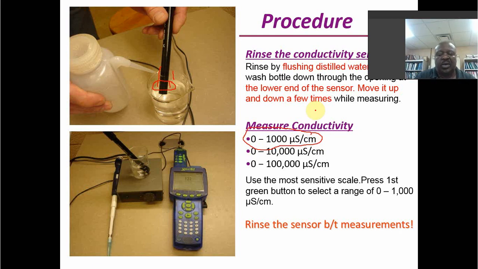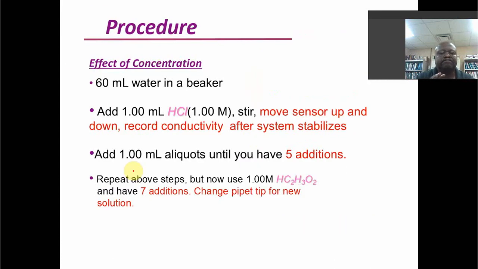All right, that's the setup here: the conductivity sensor hooked up to the data logger, with the conductivity sensor in the solution of interest. Effect of concentration. I could do this in about 5 minutes. So, 60 milliliters of water, and then we measure the conductivity of the distilled water.